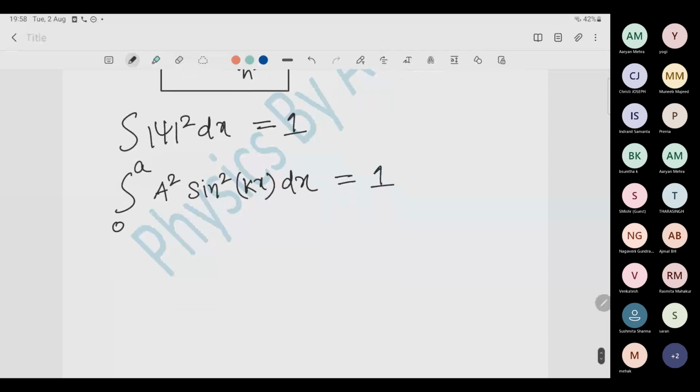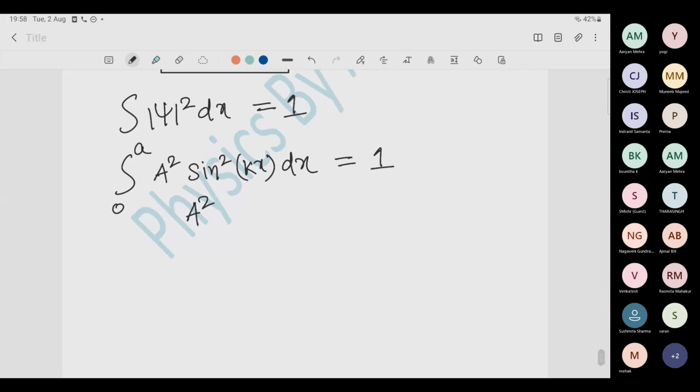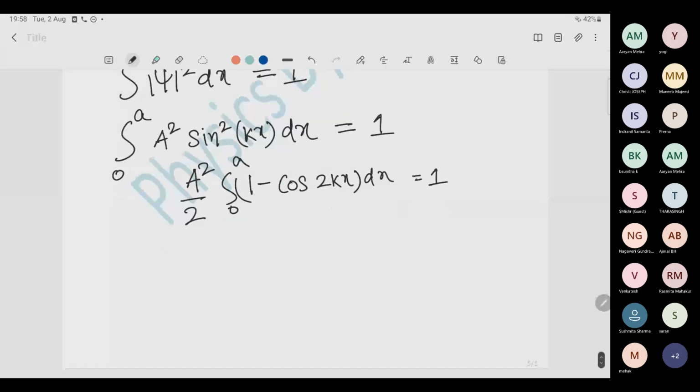Okay. So if you solve this, let's try to solve it. Quickly solve it and tell me what value you will get. Okay, so solve it: 1 minus cos 2kx dx from 0 to a. Solve with me very quickly.